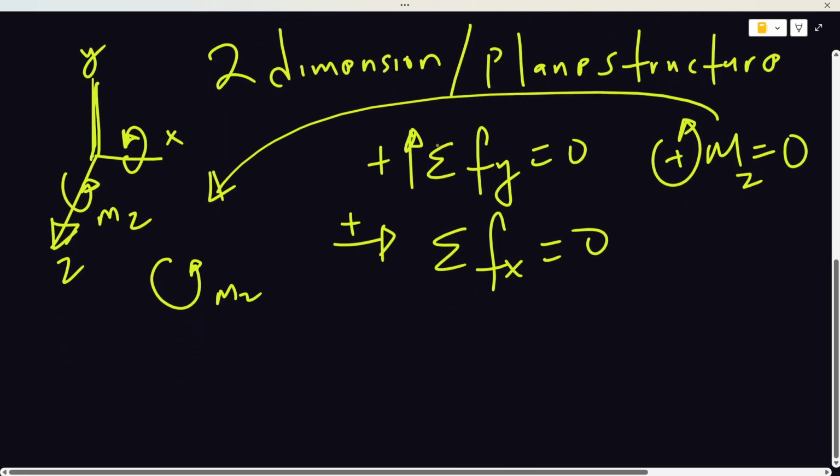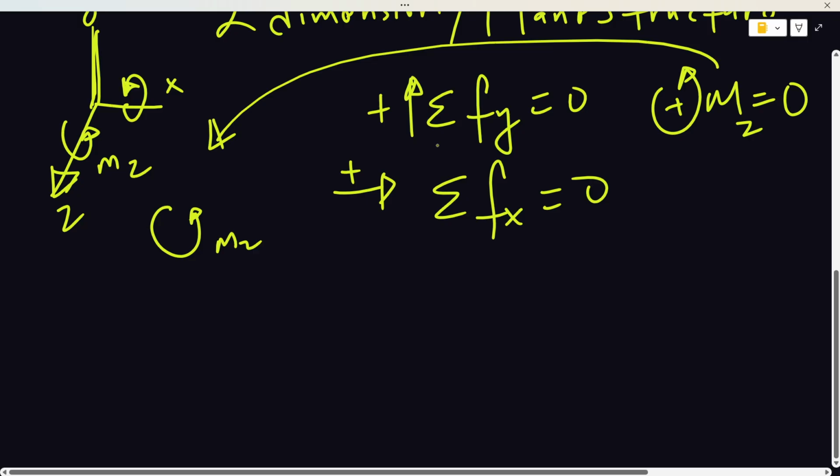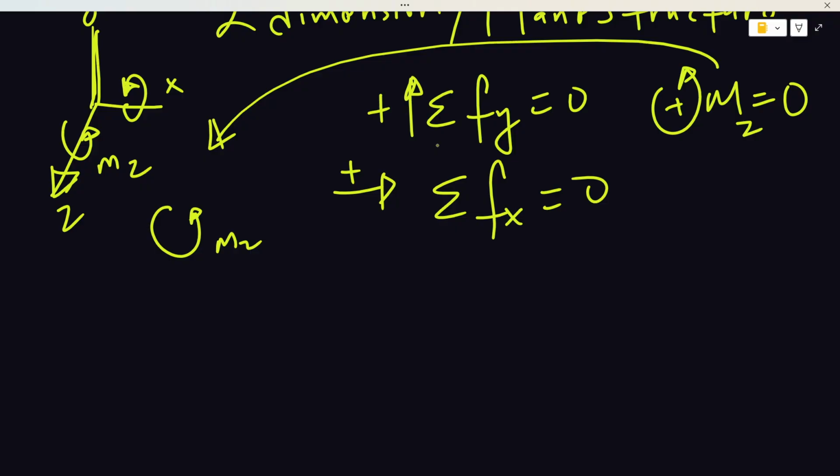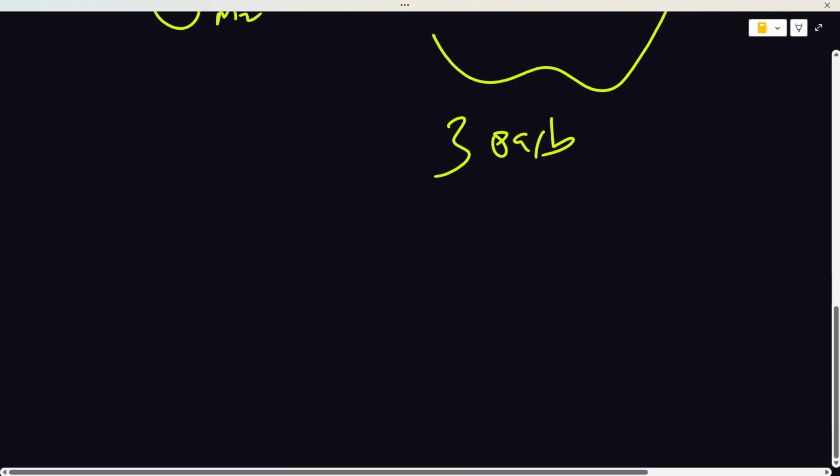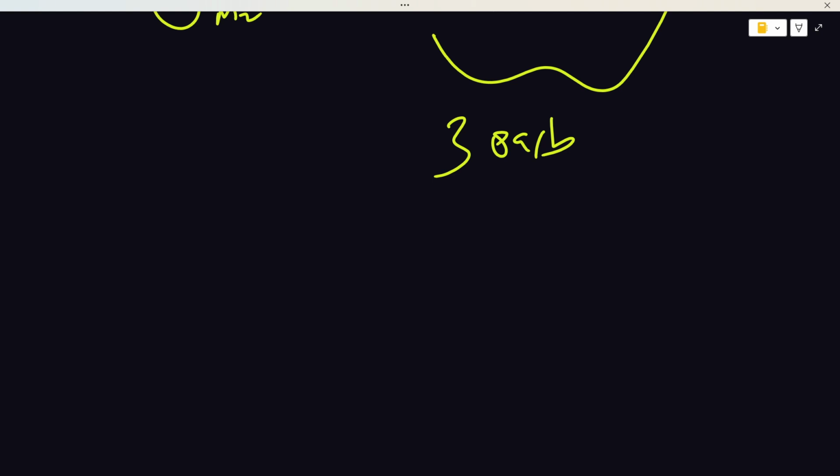The point of the video is to tell us that statically determinate structures are those structures in which the reactions can be computed with the equilibrium equations. There are three equilibrium equations. So it means that for us to solve a statically determinate beam, the beam must have three unknowns.